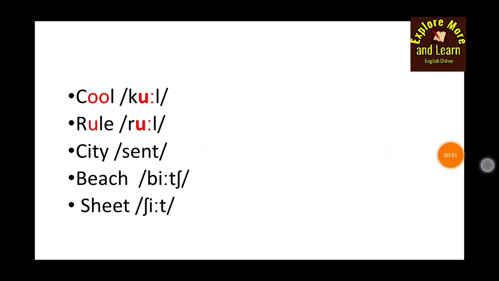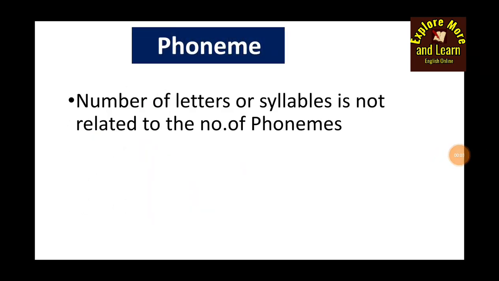Another important thing about phonemes is that the number of letters or syllables is not related to the number of phonemes. For example, in this word PIN, we have 3 letters and we have 3 phonemes. P-I-N, pin. But we have only one syllable.